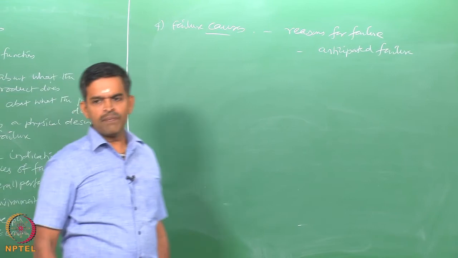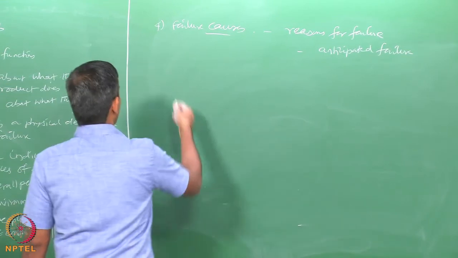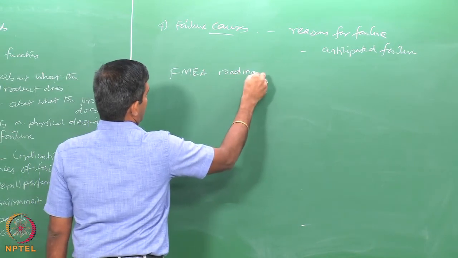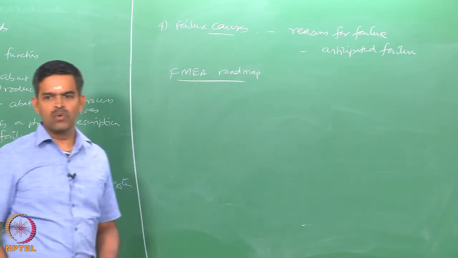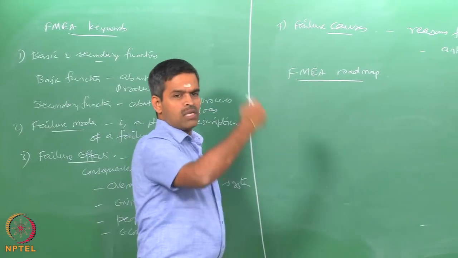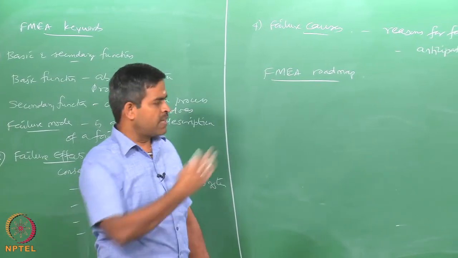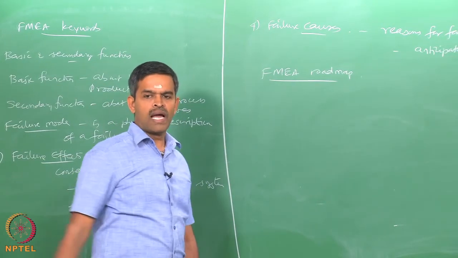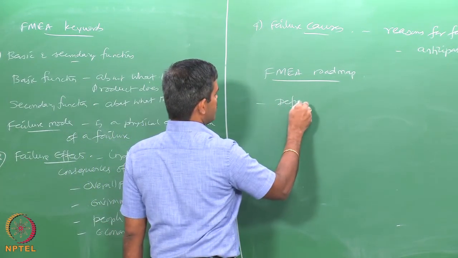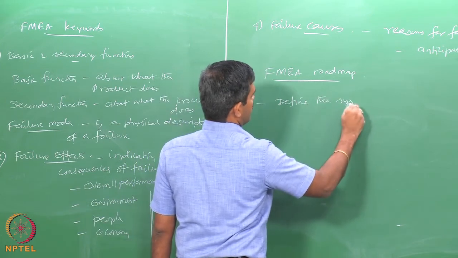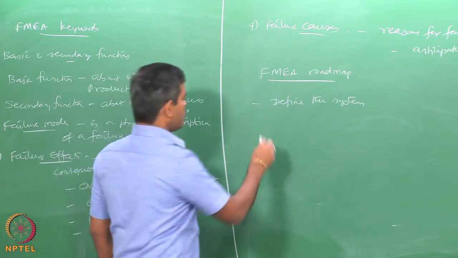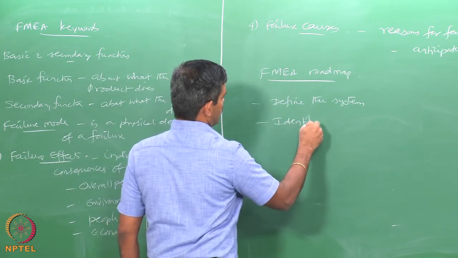Let us try to ask a simple question to ourselves, what is an FMEA roadmap? What does it actually do, in what sequence the work is carried out? If you look at the algorithm or the steps involved in the whole FMEA analysis, as we understand from the example of a car anti-skid braking system, first we define the system, subsequently we identify the modes of failure.